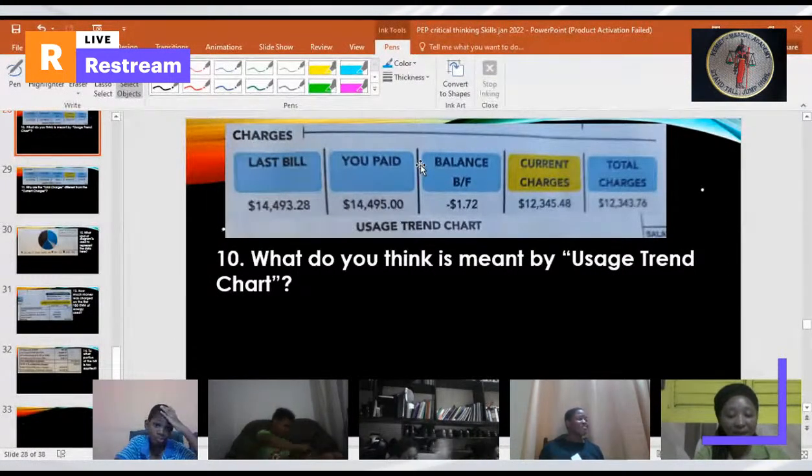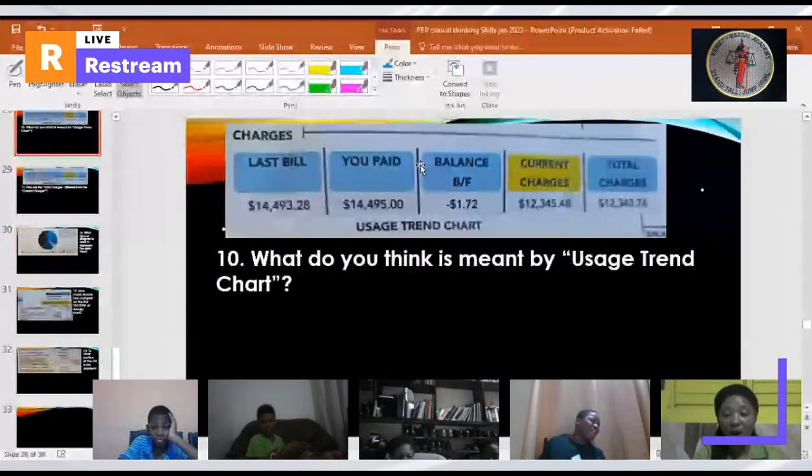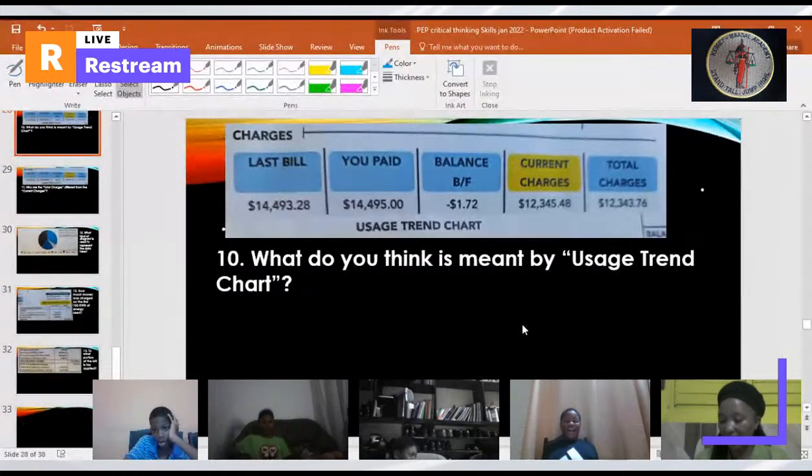Right, so they're tracking how much she paid, how much she was charged last bill, and so on. What are her current charges, total charge? So they're following the trend. They're looking at her patterns.